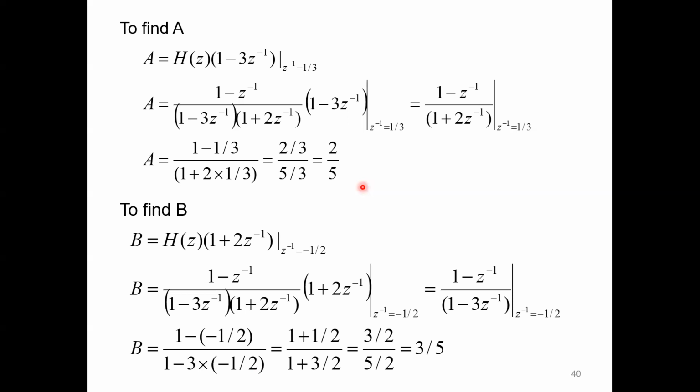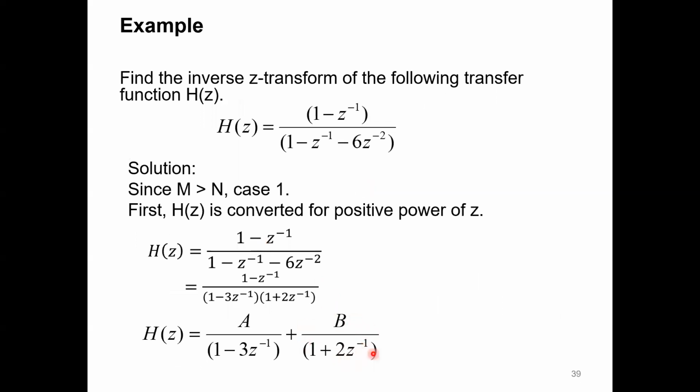Now, to calculate the second coefficient, same process, but you apply it with not 1 minus 3z^-1, but 1 plus 2z^-1, because this is the second term.